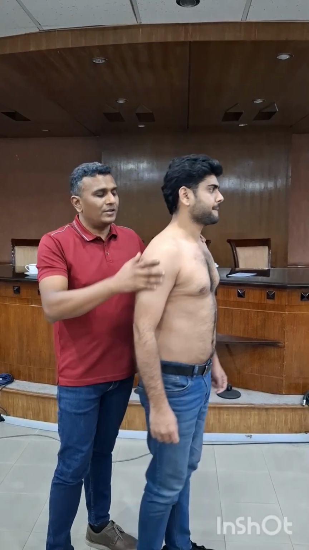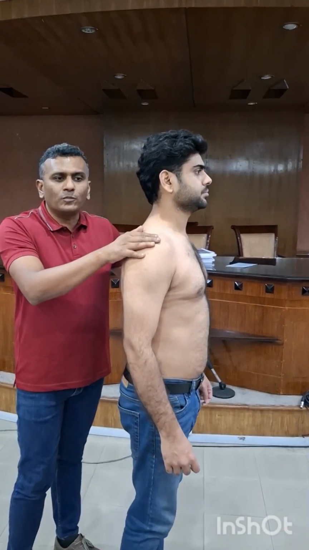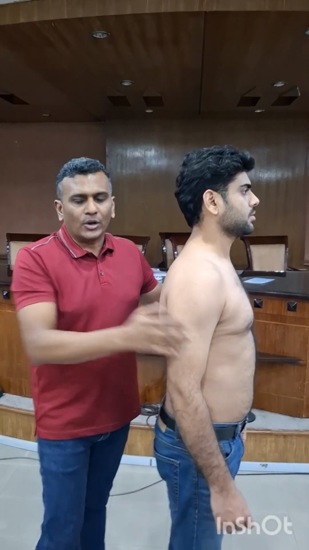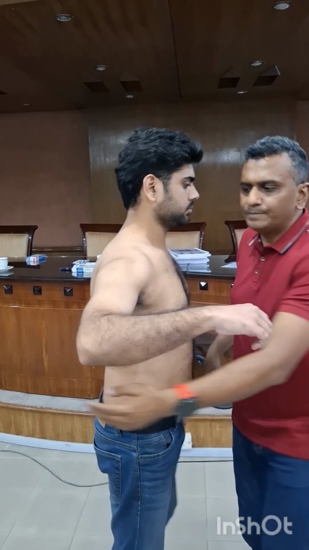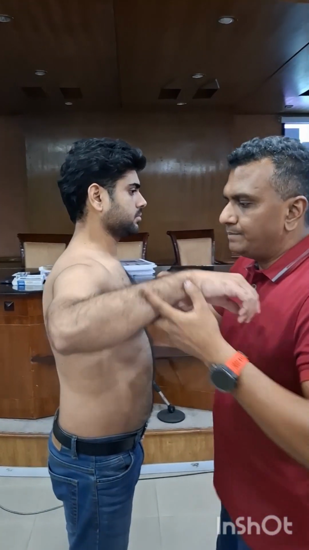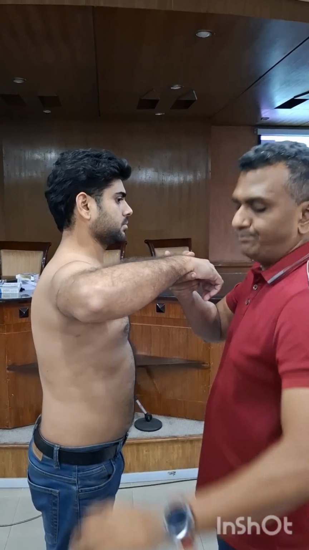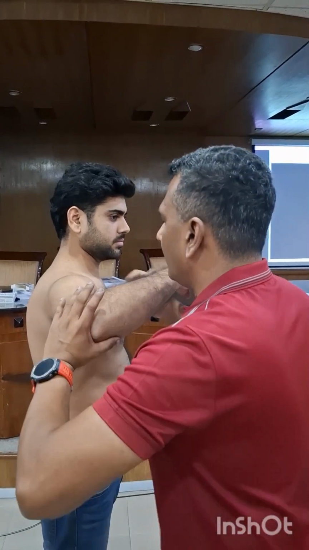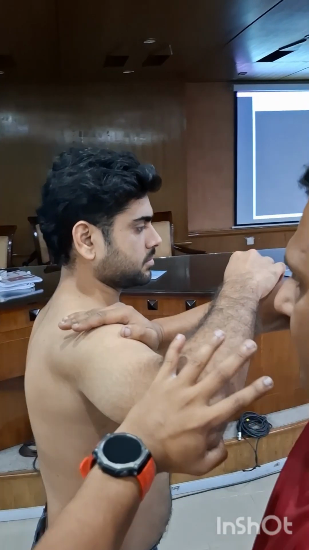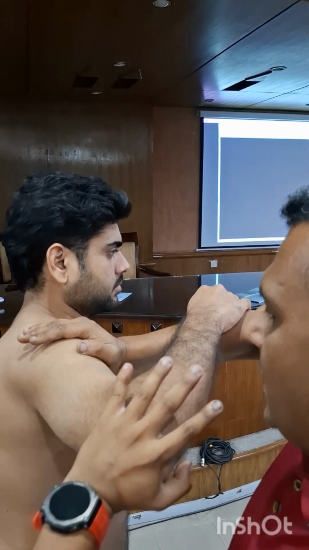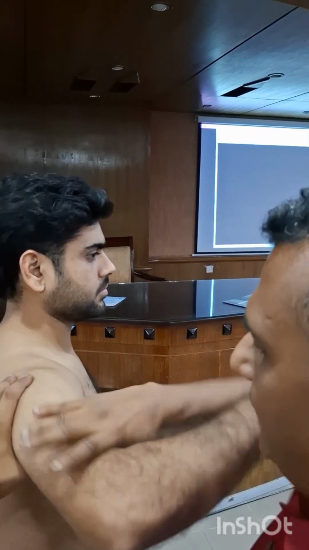Now we are going for the last test, when we cannot define if it's supraspinatus or deltoid. We take his hand in this position, we come from the front. Alright, now push towards the backward. Alright, now push towards the same arm.